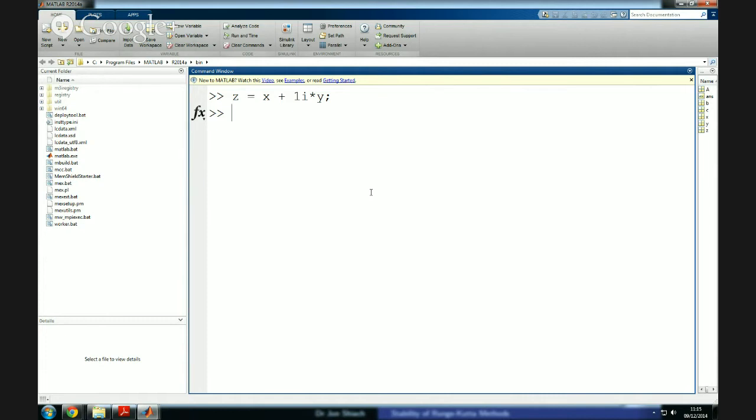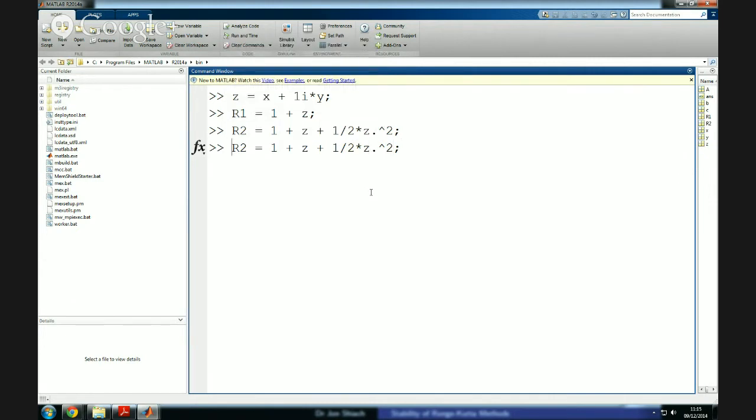Okay, so let's say I want to plot the Euler method stability function. That's just 1 plus z. Second order Runge-Kutta will be 1 plus z plus 1/2 times z squared.